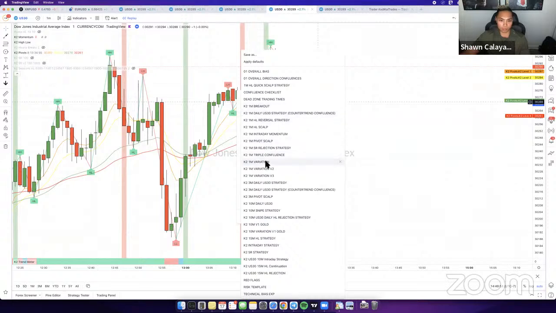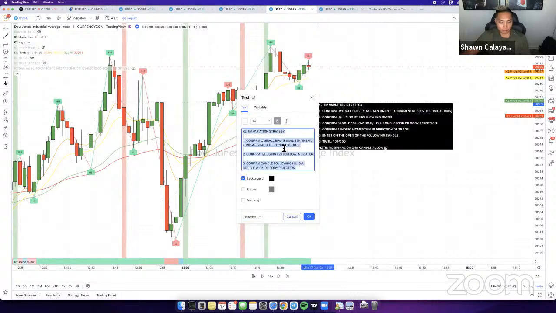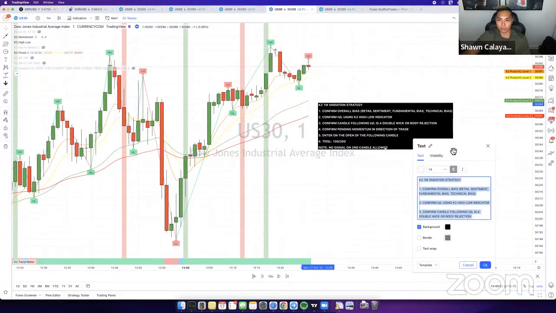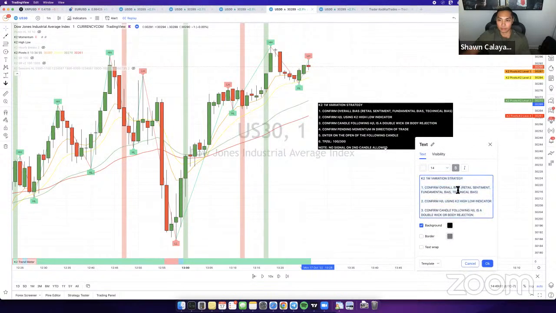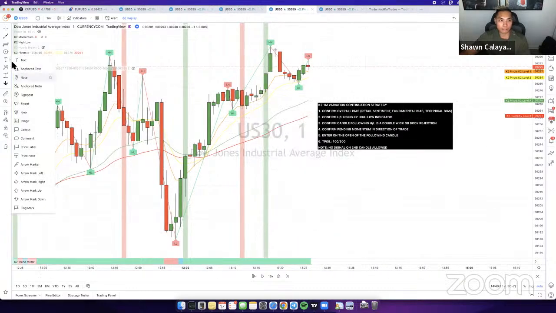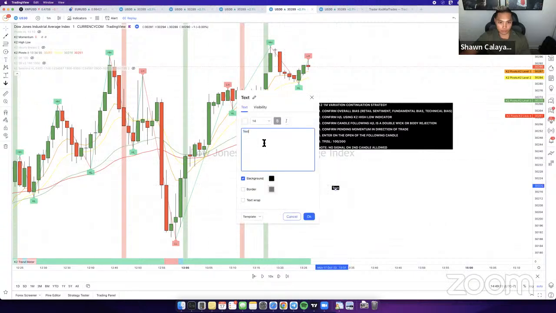So variation V1. I need to create another one for the continuation. I'm just going to copy this real quick, and I'm going to make another one for the continuation.